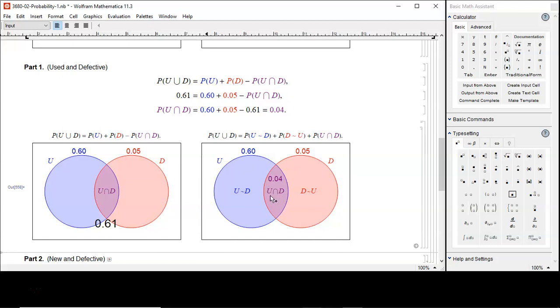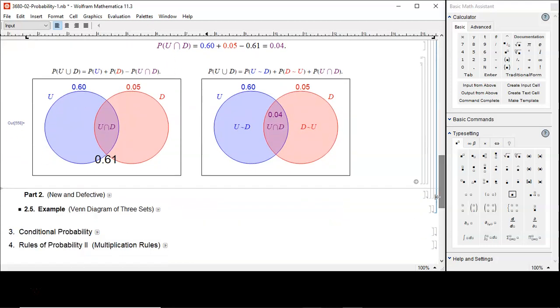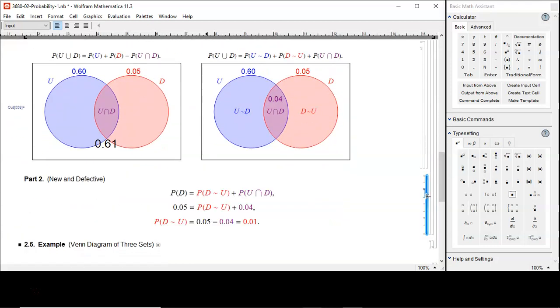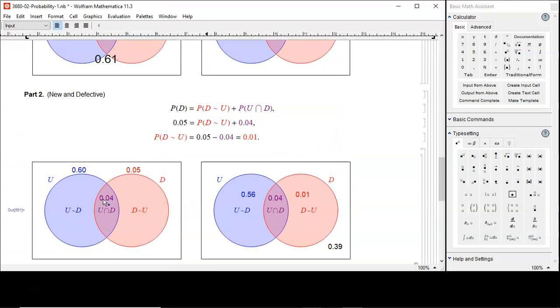And that is used and defective. And then you see 4% there. Subtracting, we have 56% there. Subtracting, we get 1% there. And new and defective is this region, so 1% there. And of course, after completing the Venn diagram like this, we can answer whole new other kinds of problems as well.